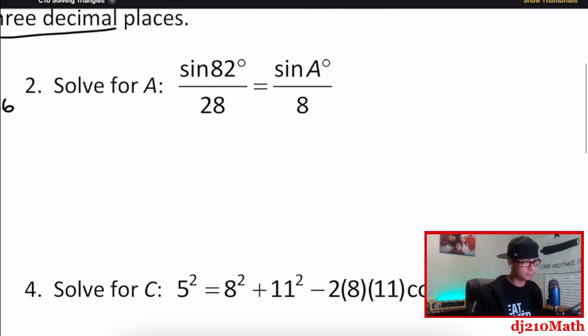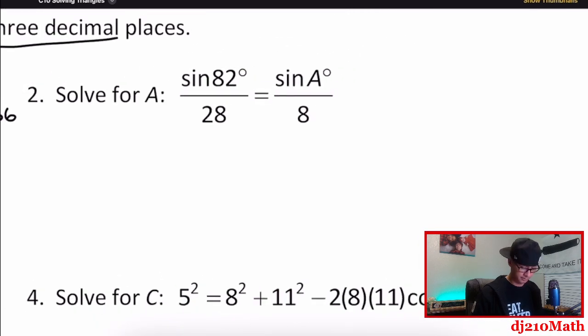Okay, number 2, solving for A. Here, notice A is the angle. So something slightly different has to happen. We're still going to cross multiply as usual.